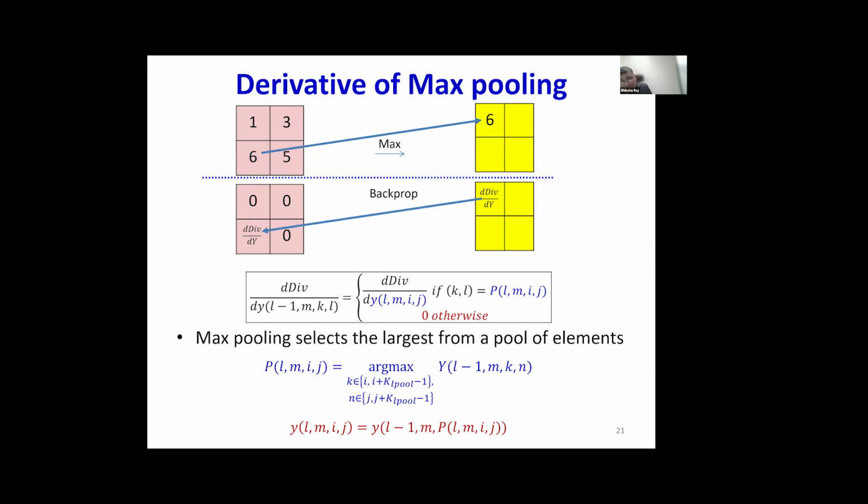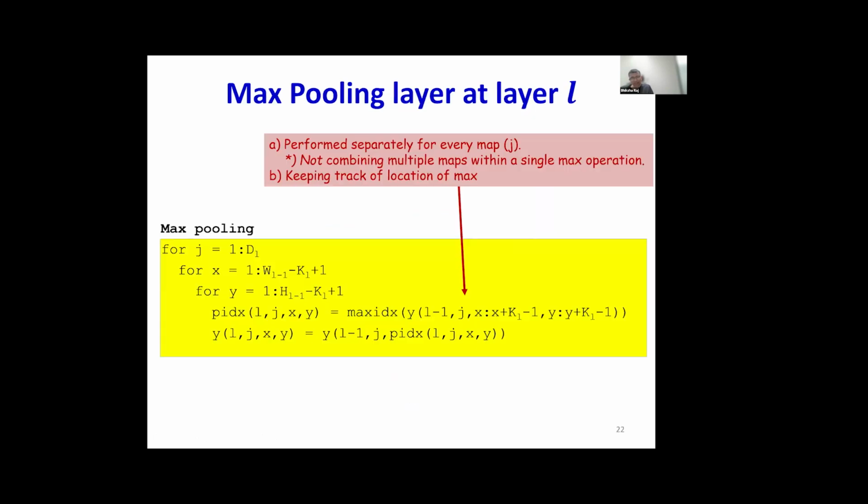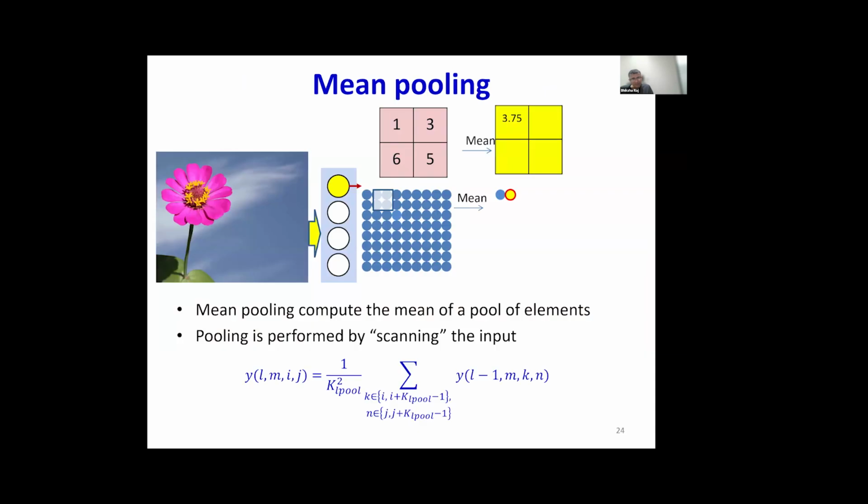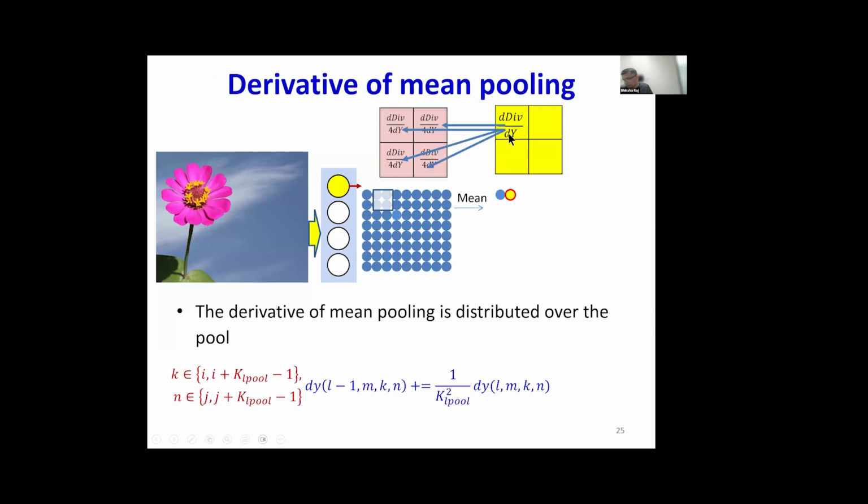How did we do the back propagation for the mean pooling? The mean pooling is for each element in the kernels, we divide it by its kernel size. Fantastic, right? So this was the max pooling. For mean pooling, we computed the mean of all the elements in the window to obtain the output going forward.